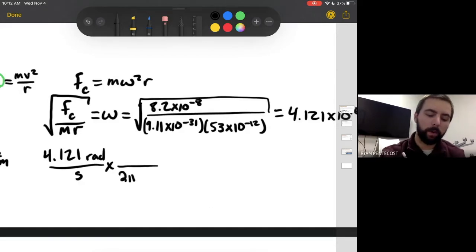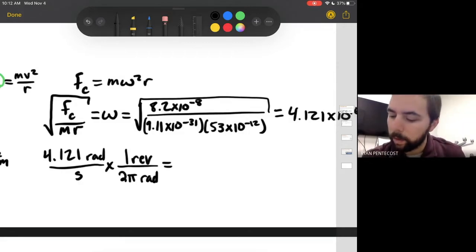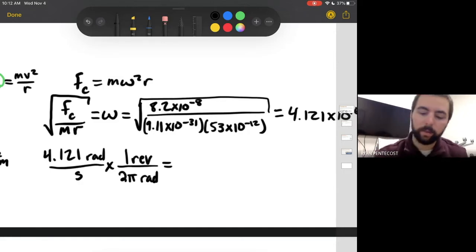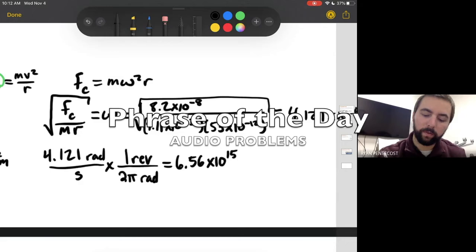Well, 2 pi radians is the circumference of a circle, right? Which would be 1 revolution. So if we divide that number by 2 pi, we would get 6.56 times 10 to the 15.